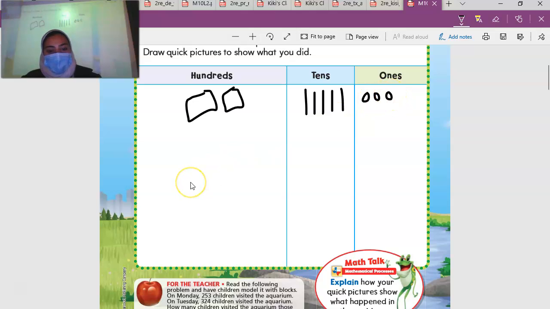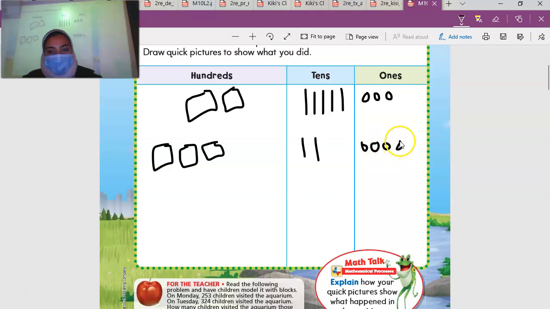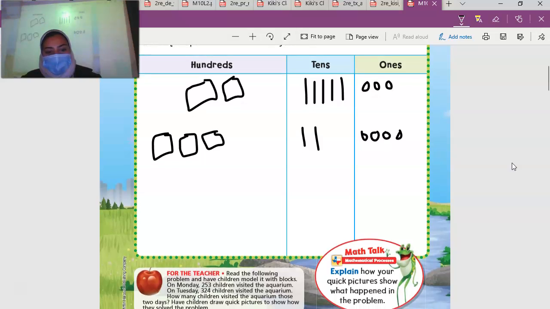On Tuesday, 324 children visited the aquarium, so that's 324. How many children visited the aquarium on those 2 days?